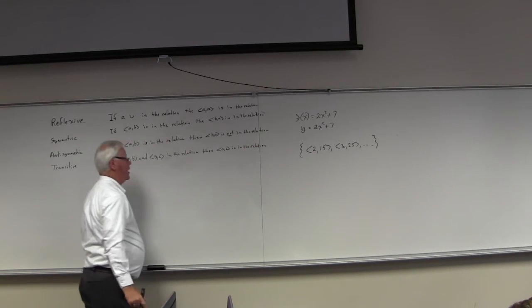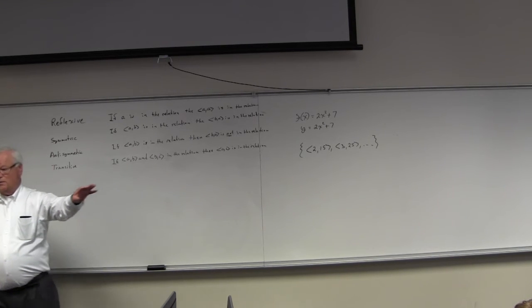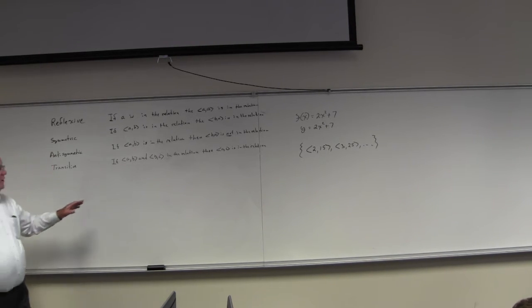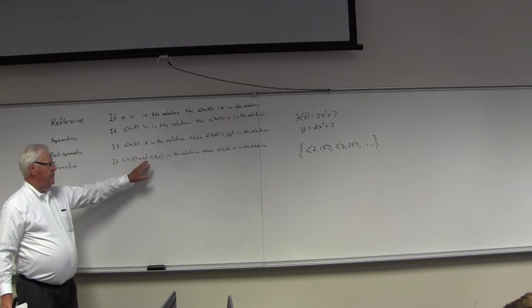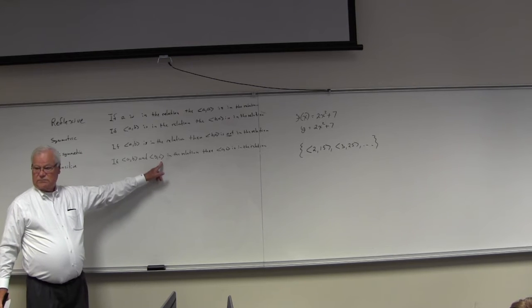And notice this is now three different things. We have A, B, and C going on. And what it says is that if A is related to B and B is related to C, then A is related to C.